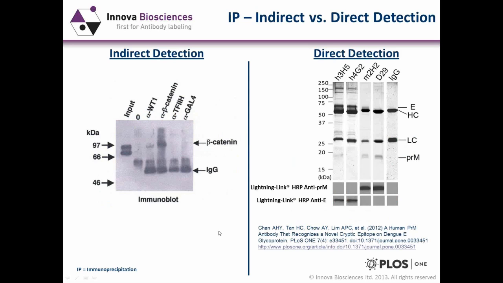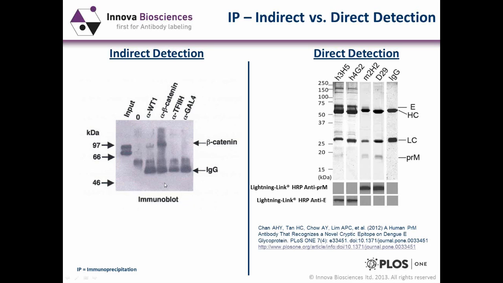And again, there are benefits with indirect versus direct detection. Here's an example from the past where I performed an immunoprecipitation experiment where I pulled down beta-catenin.